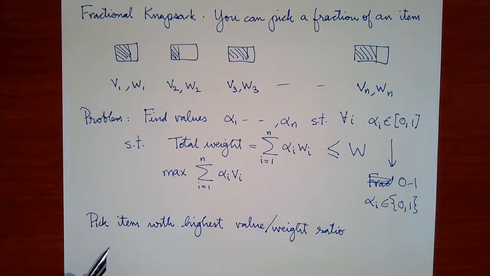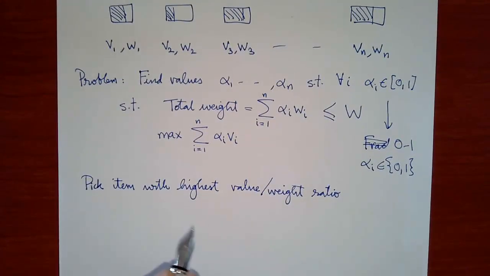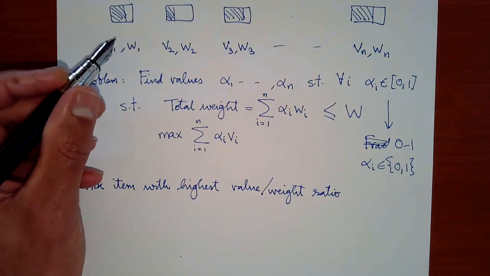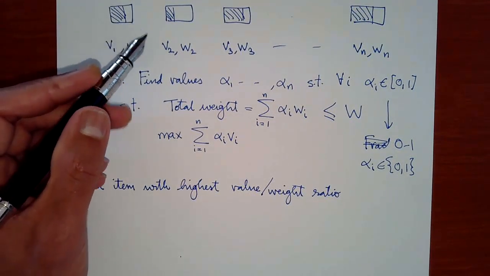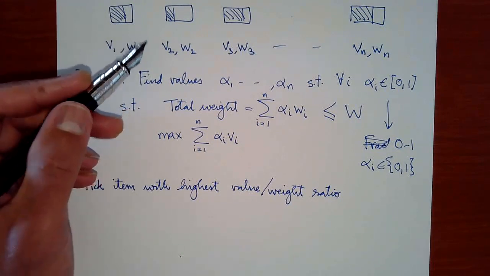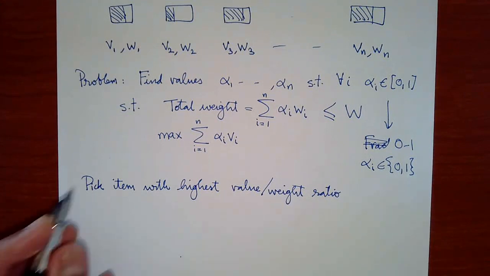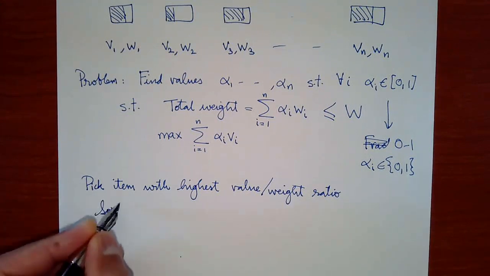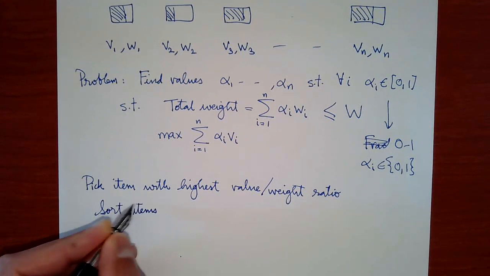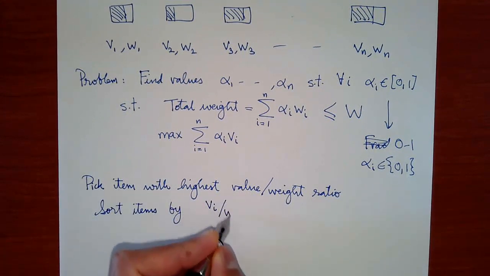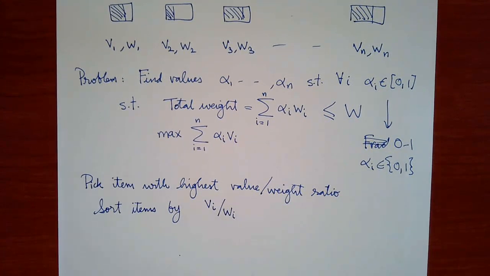And how much of it you take: as much of it as you can. And then you move on to the next item. And then you take as much of it as you can. So what you do is, you can instead think of, let's sort items by the value divided by weight.